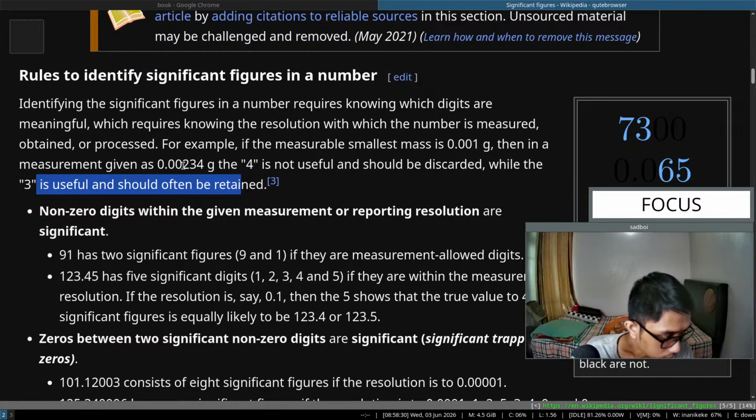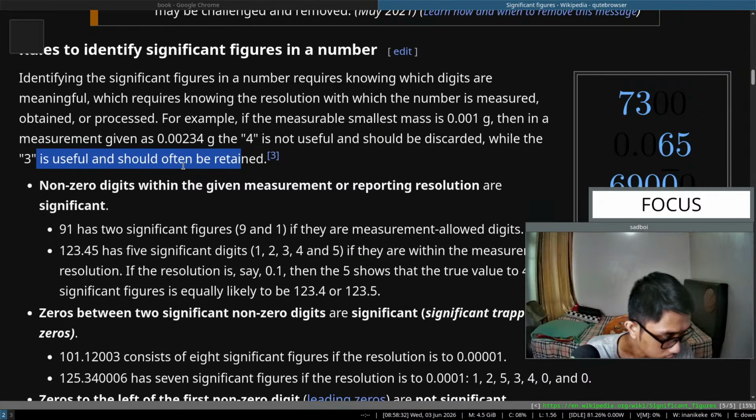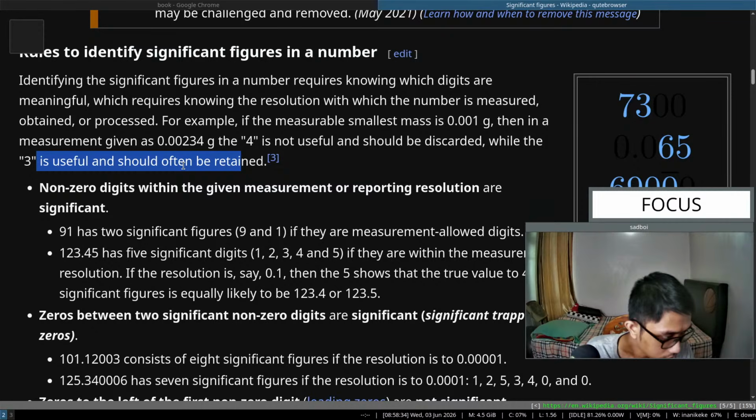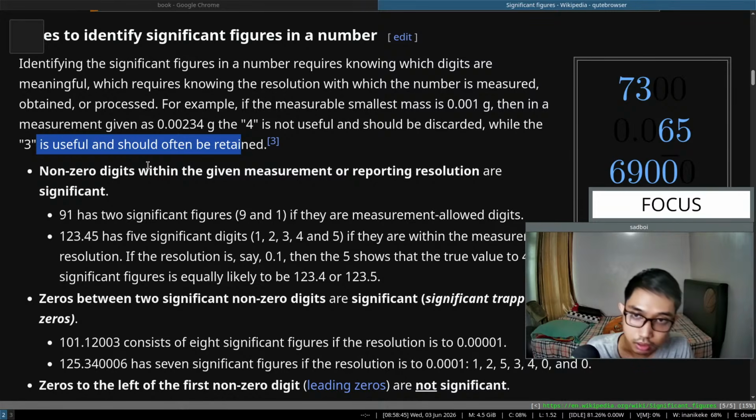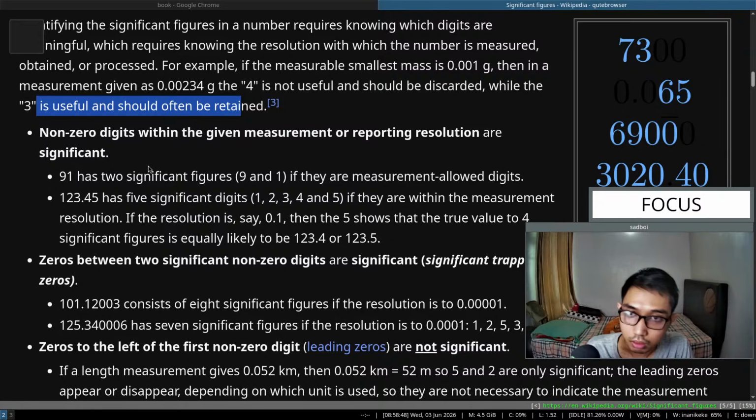Related but confusing. The significant digit is the smallest, most significant is the biggest. Okay.